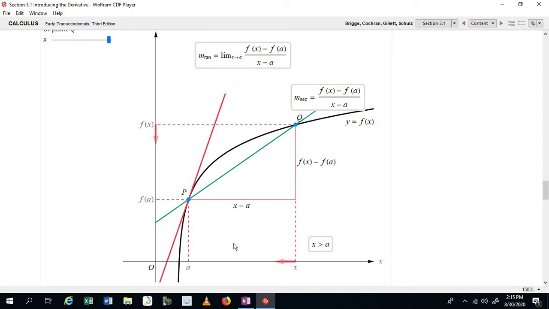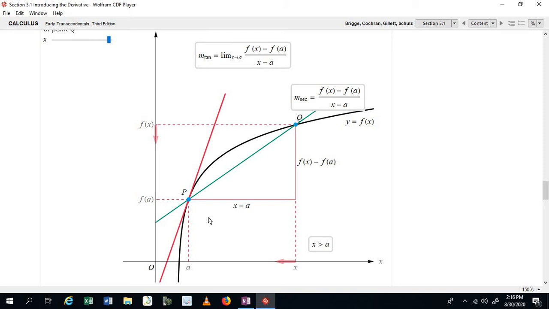Okay, now let's try to find something different, which is called the instantaneous rate of change in the function, and we're going to find it at this single point, A on the function. It's actually at A, comma, f of A. So we're going to find the instantaneous rate of change in the function at this point here. Now here's how we're going to do that.